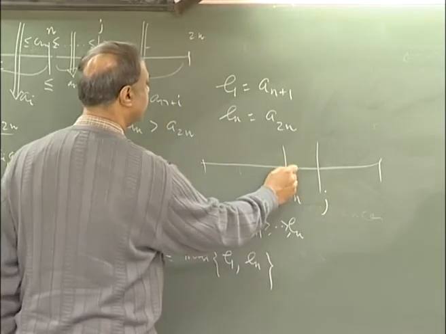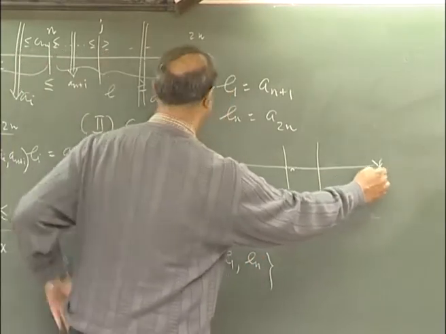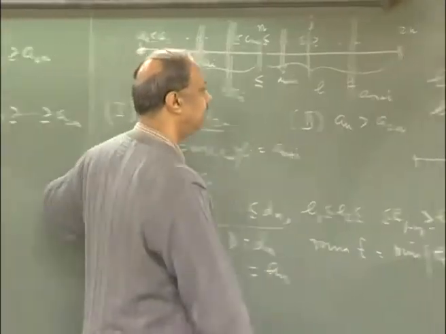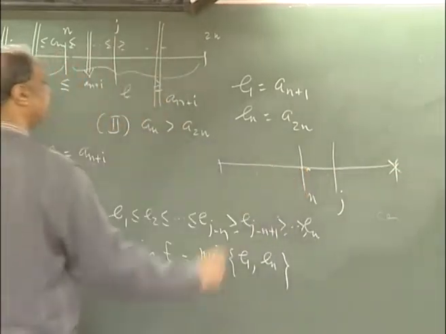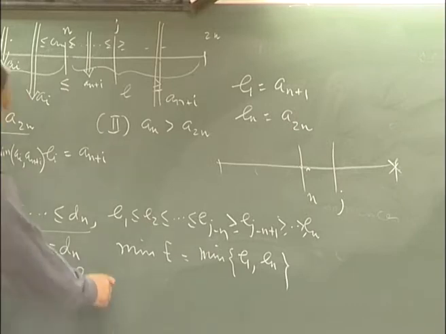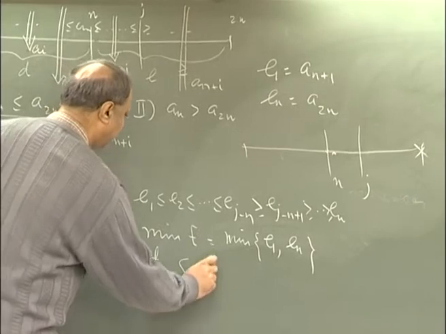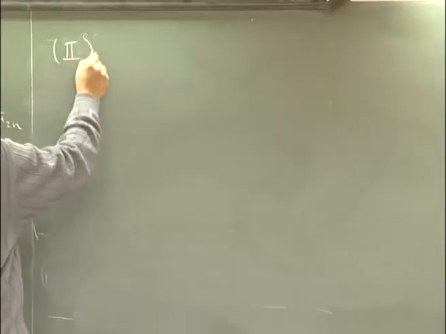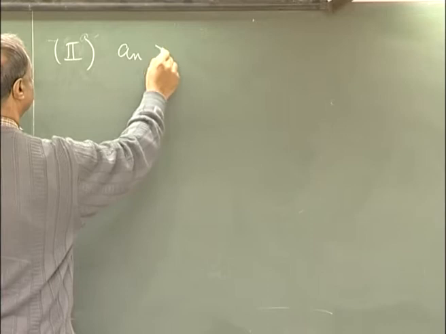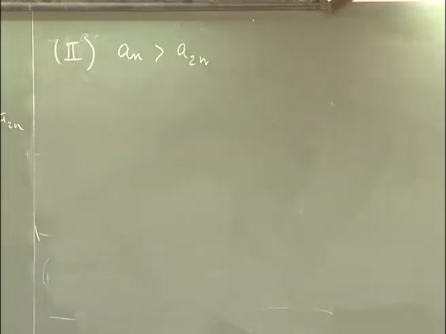This element is always greater than this element, and also, by this case, this element is greater than this element. Agreed? So Dn is always less than or equal to En. The next case is, if I can show for this case also, then your problem is solved.